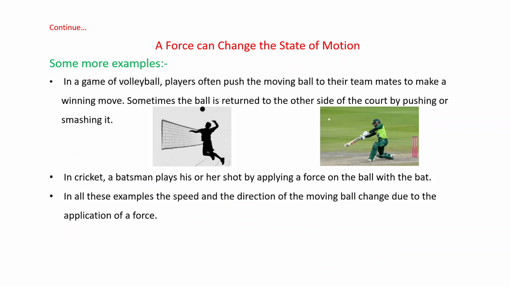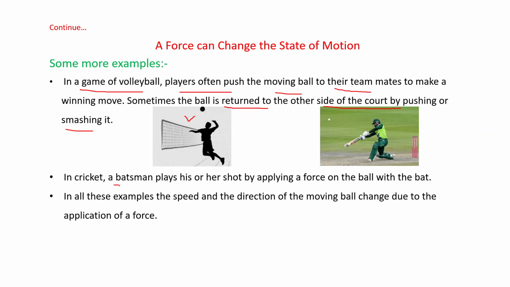Some more examples. In a game of volleyball, players often push the moving ball to their teammates to make a winning move. Sometimes the ball is returned to the other side of the court by pushing or smashing it. This represents smashing.